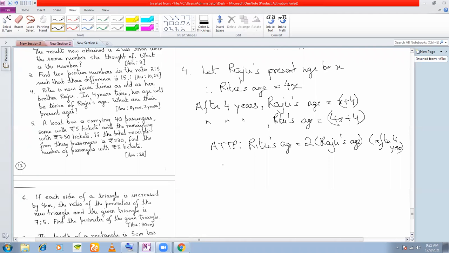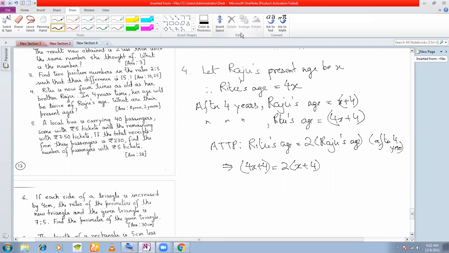And what is Ritu's age after 4 years? It is 4x plus 4, equal to twice Raju's age after 4 years, X plus 4. So you're getting an equation in X. Now you can solve this equation easily to get the value of X.